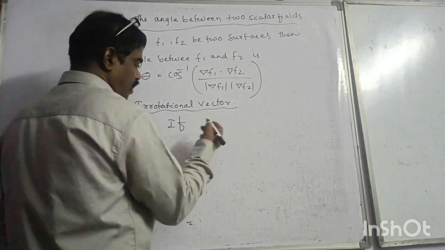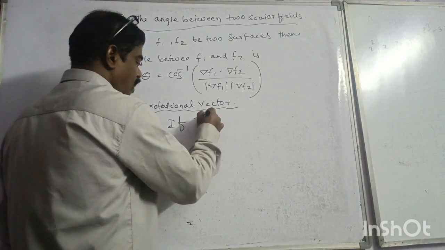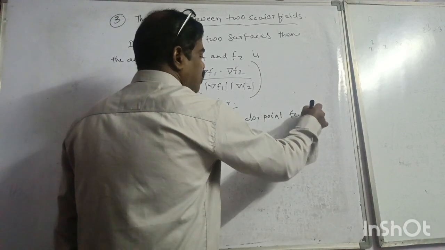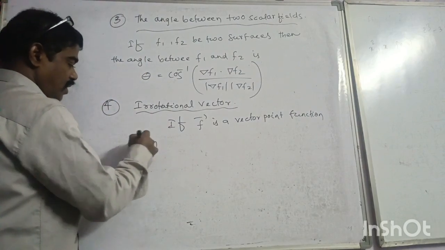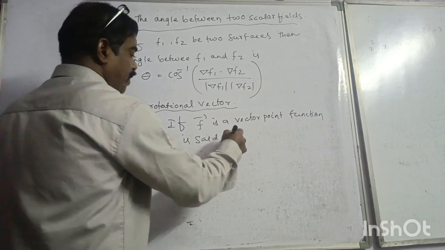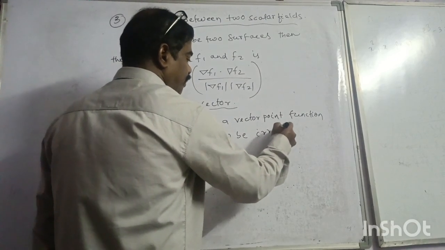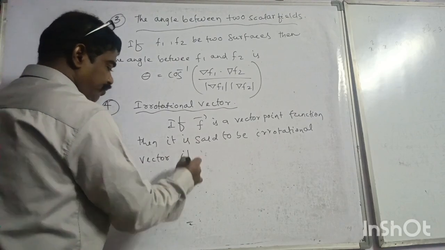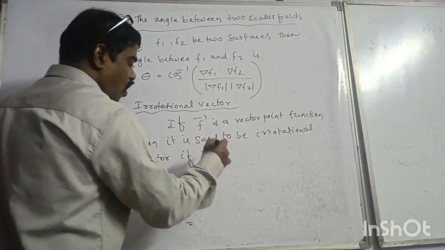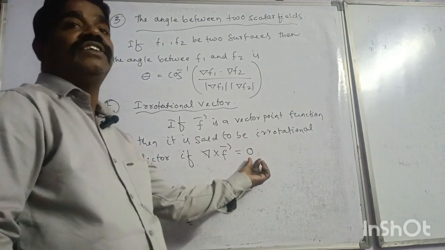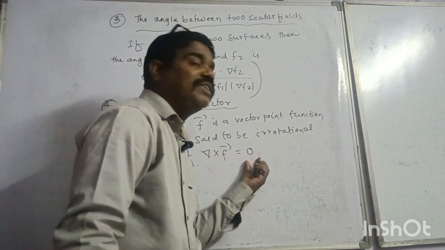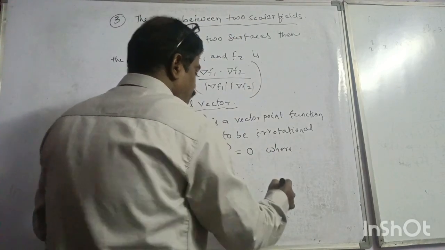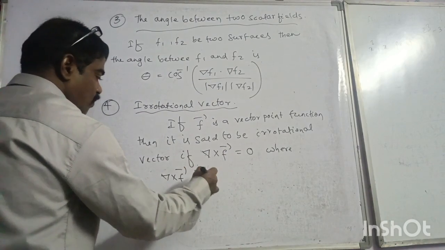If f is a vector point function, then it is said to be an irrotational vector if, remember, nabla cross f vector is equal to 0. Nabla cross f vector is called curl, where nabla cross f vector is the curl.